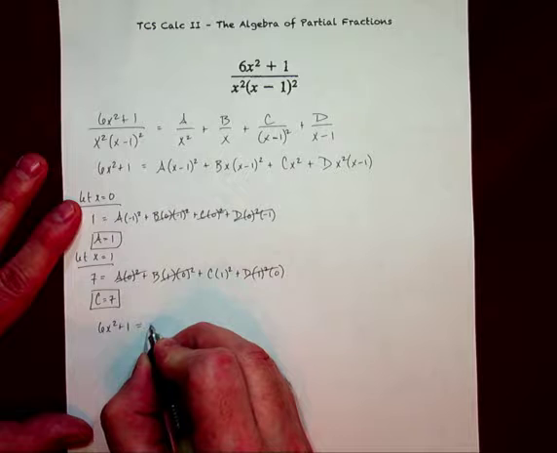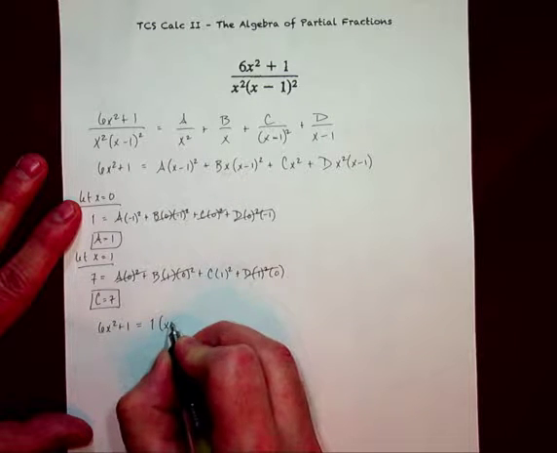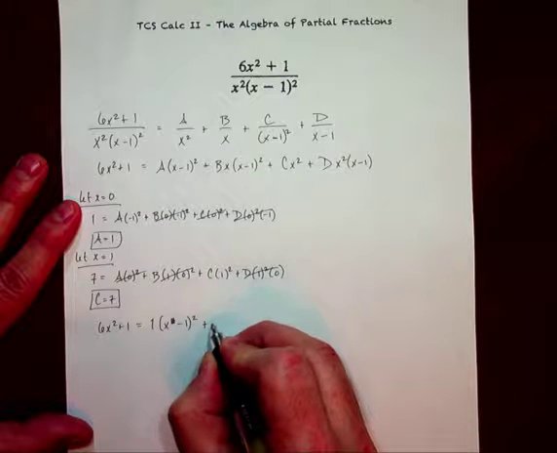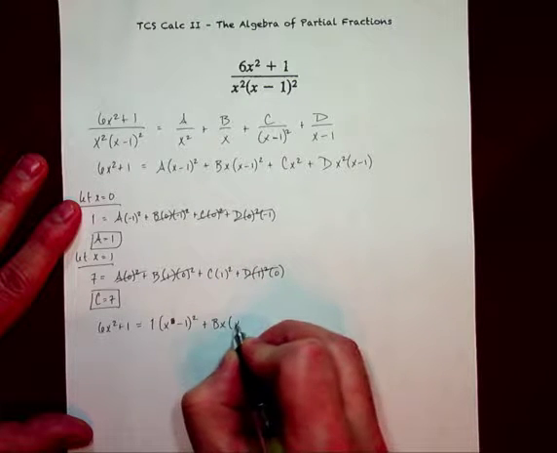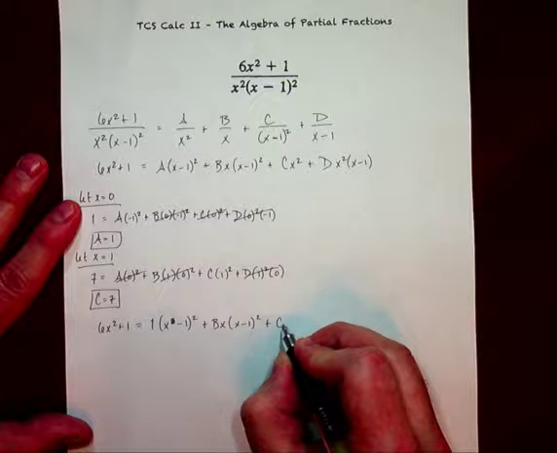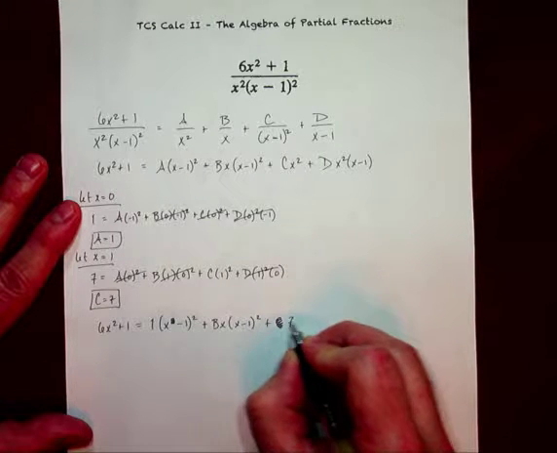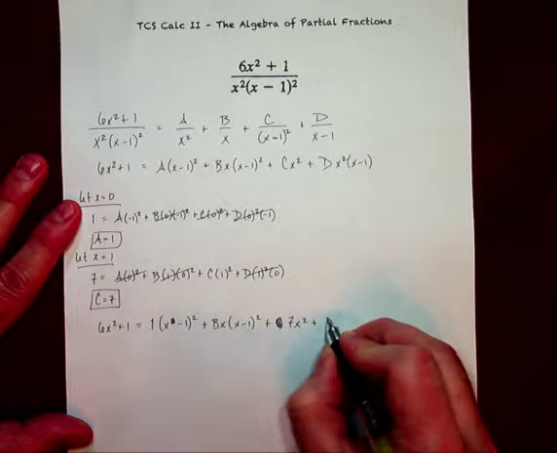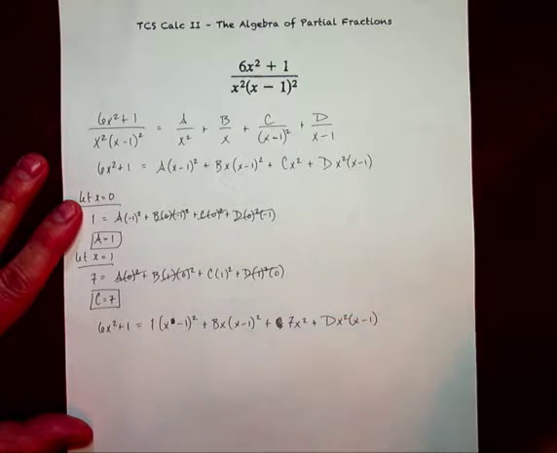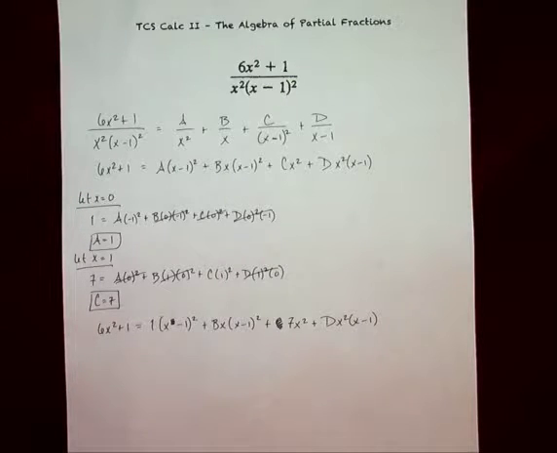Now, we have 1 for a, and that winds up being x minus 1 squared, plus b, x minus 1 squared, plus c, but c was 7, x squared, plus d, x squared, x minus 1. Now, we have two of them. We still are looking for b and d.